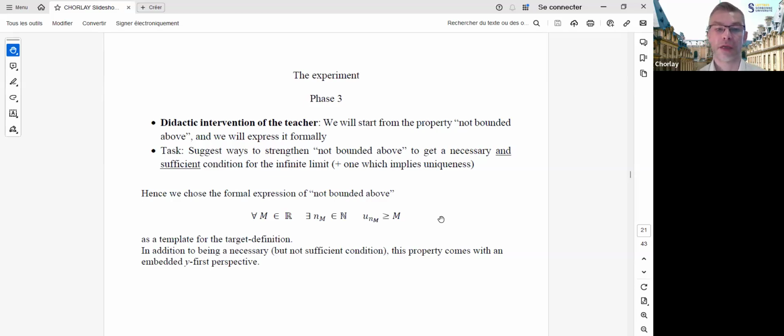That is, a condition which implies uniqueness, when not bounded above does not imply uniqueness for the infinite limit. Also, we chose to start from this because it has a why first perspective.